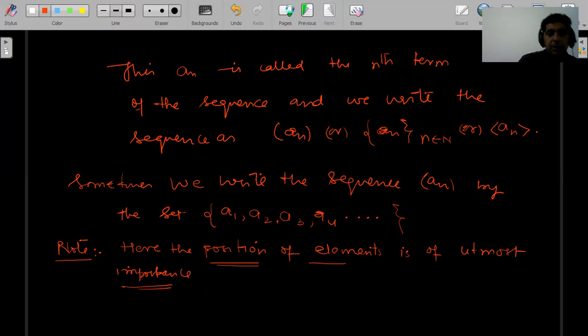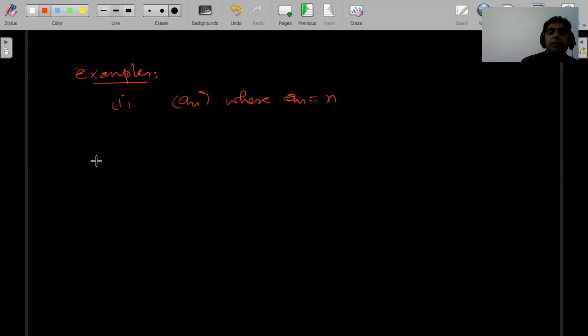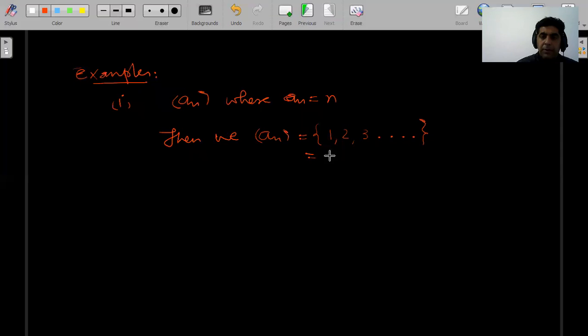We'll take up some examples. First example. Let an be a sequence where an is equal to n. Then we can write an is equal to 1, 2, 3, and so on, or simply n. All notations are the same.